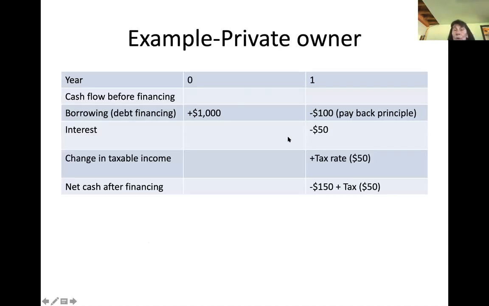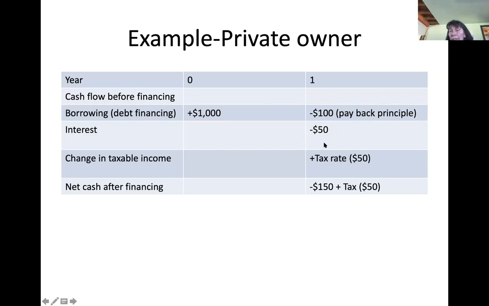So for the private owner, here's what you do. You borrow $1,000 and then in year 1, you pay back the principal, but that is not tax deductible. That's cash that you need, but it's not a net anywhere in your net benefits or net costs. It's just, you've got to have $1,000. You've got to make sure you have that cash. But this $50 is interest.